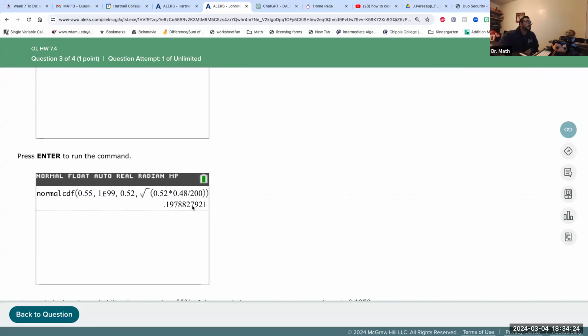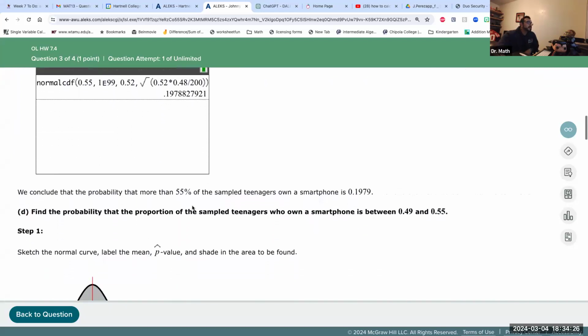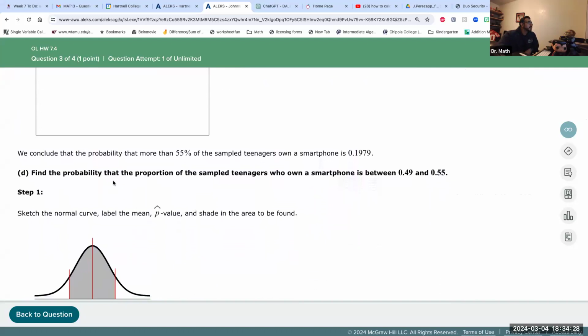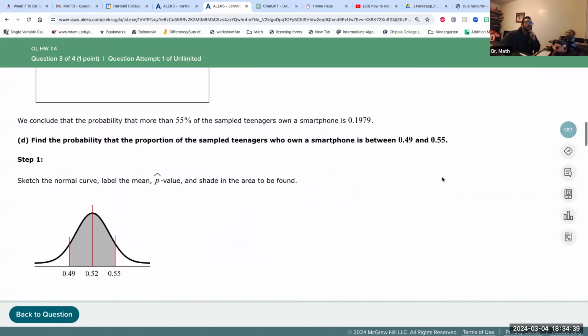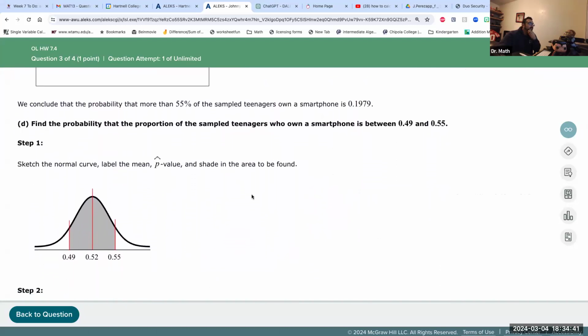All right. So what happens if, let's look at this. Part D, find the probability that the proportion of sampled teenagers who own a smartphone is between 0.49 and 0.55. So again, same exact thing. Always draw a brand new picture to represent every new problem.